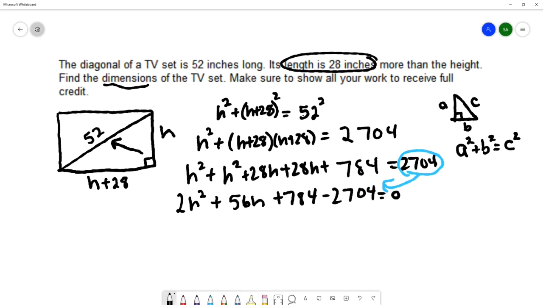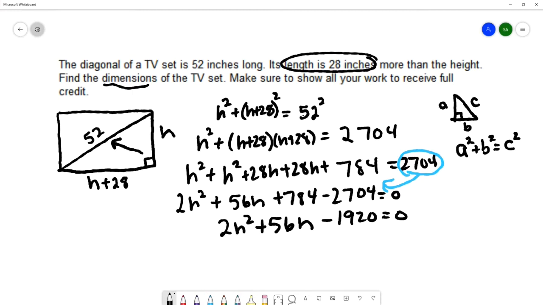So 784 minus 2704 is negative 1920. Let me make that line up a little bit better. We have 2h squared plus 56h minus 1920.